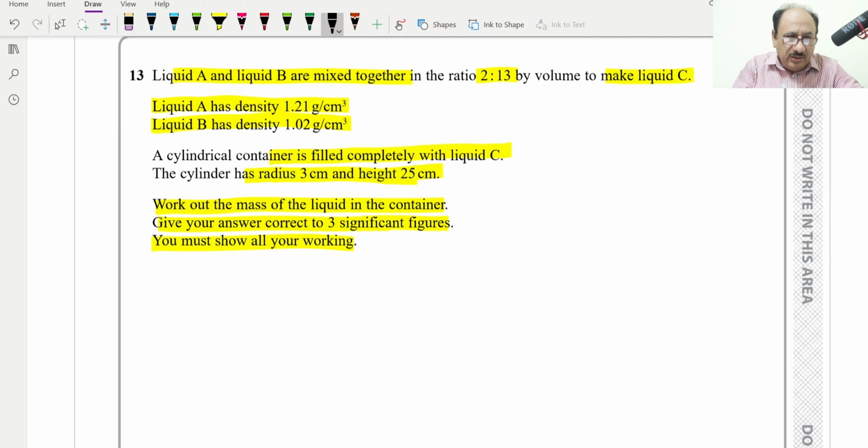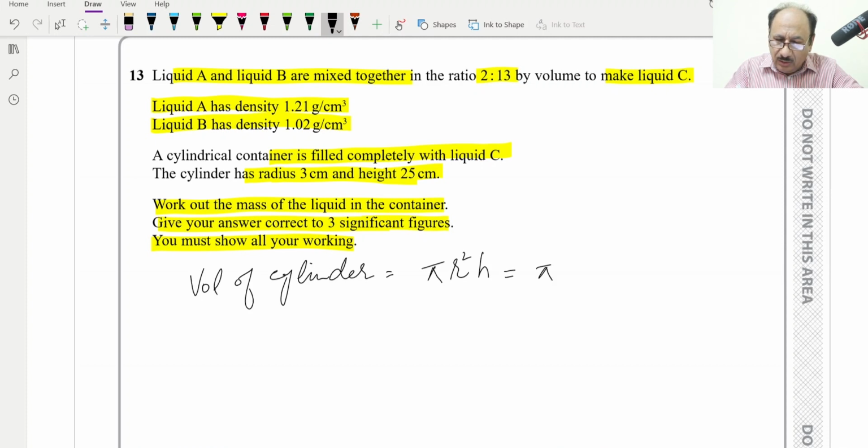So volume of the cylinder we can write, we know volume of cylinder is equal to what? Volume of cylinder is equal to pi r square multiplied by h. So pi r square h, and radius is 3 which is given over here, so we can write 3 squared, we can put brackets, and h is 25, so I will write 25 over here, and we can multiply this.